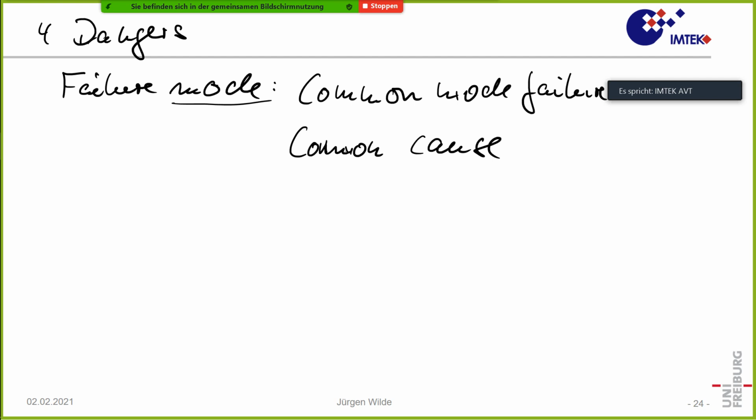In that way, you have a common cause, and because all have a short circuit, you have a common mode failure also. So it's two different things. You can try to avoid common mode, even if there is a common cause. Do you have some other examples of common causes?